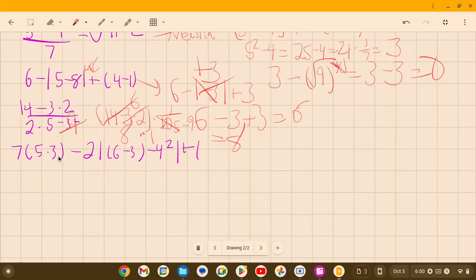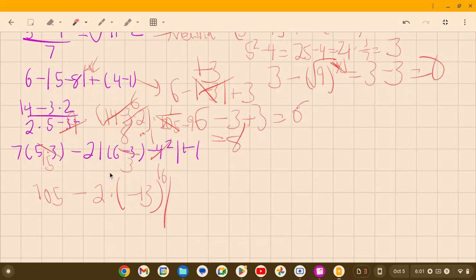I'm doing a lot of this in my head, so that's 15. That's 3. That's 16. So -7 times 15. 105 minus 2 times 3 minus 16. So -13.